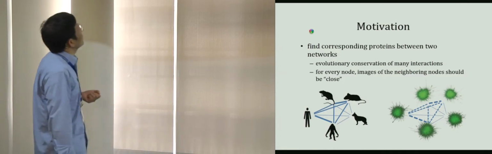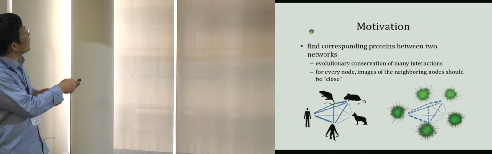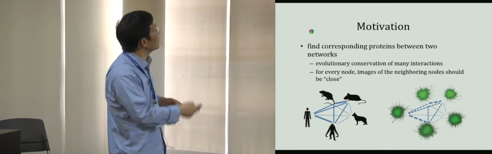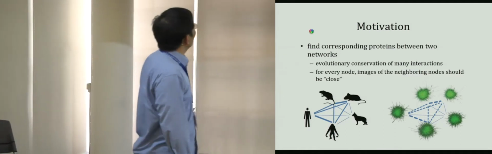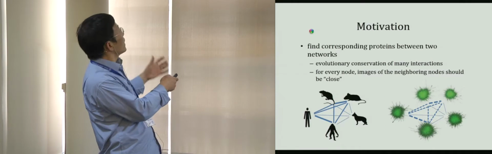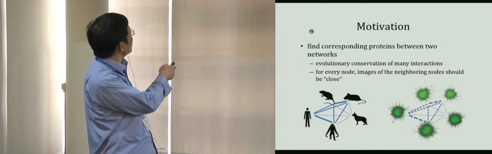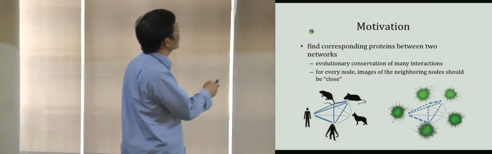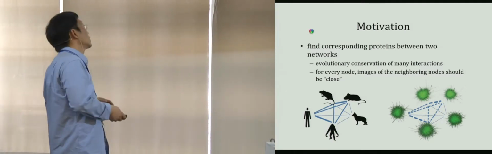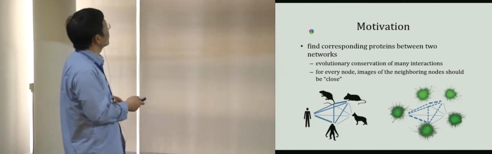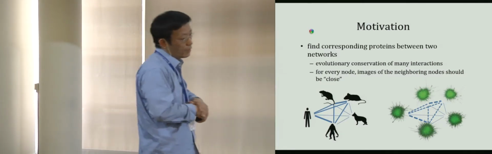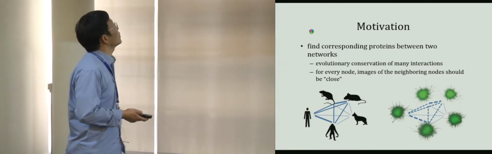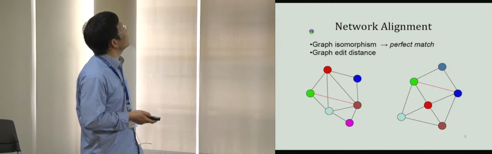For example, if we have a correspondence between a dog and a bacterium, we assume that the things which are close to the dog and their images in the other network should also be close to the image of the dog. So this is the biological motivation for the network alignment problem.